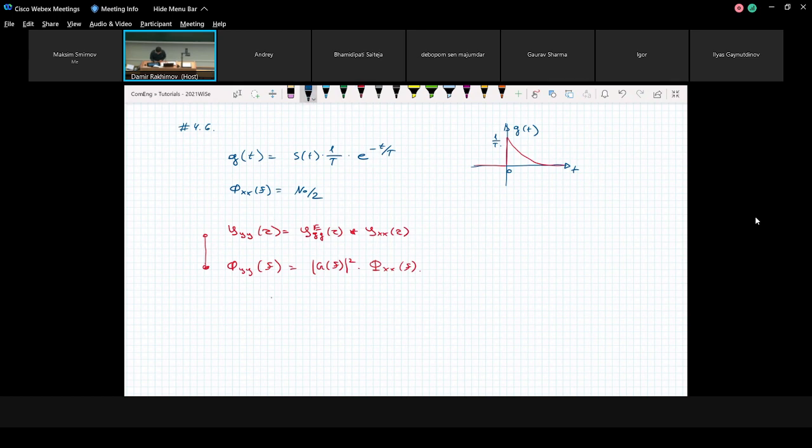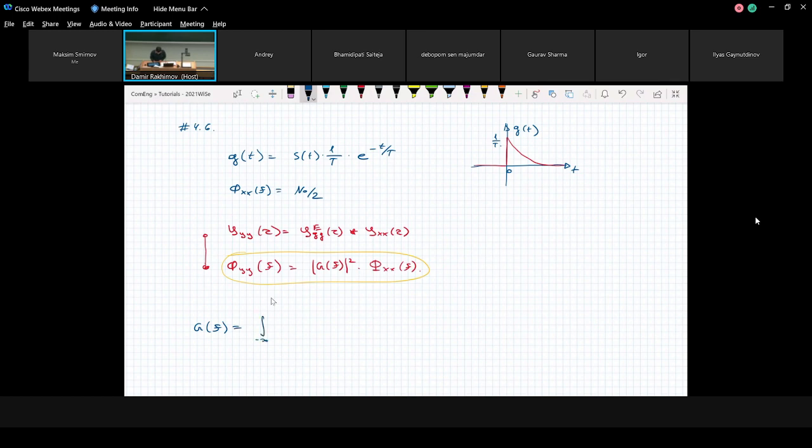So we still go the frequency domain way, and for this we need to find the transfer function.